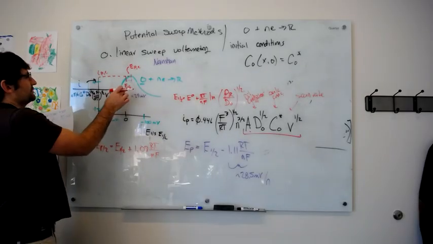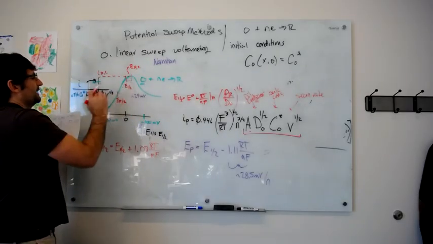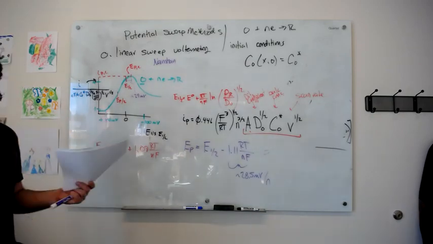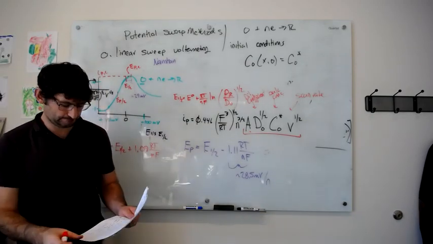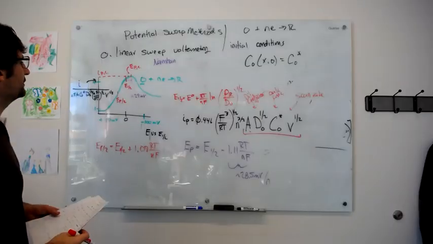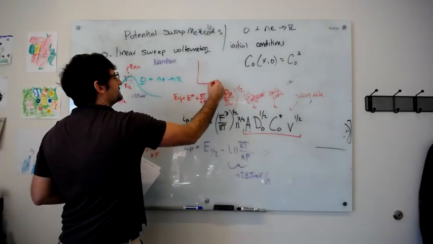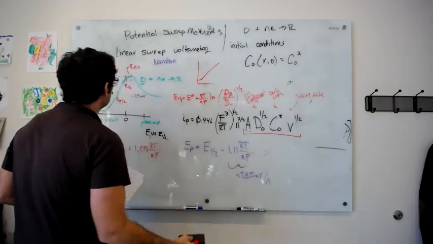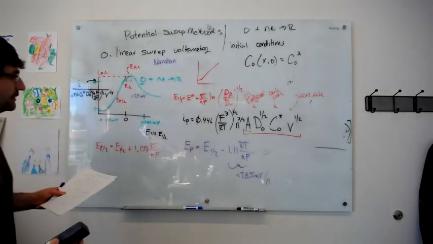So E1/2 is sort of halfway between the peak and the half peak potential. Okay, so we can use this to analyze voltammograms if you know the behavior is Nernstian. And this is for a linear sweep, right? And so in this case, we just swept the potential in one direction.